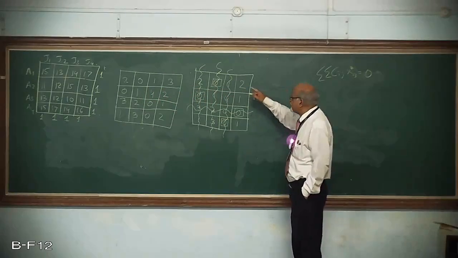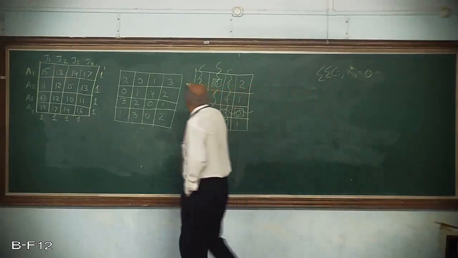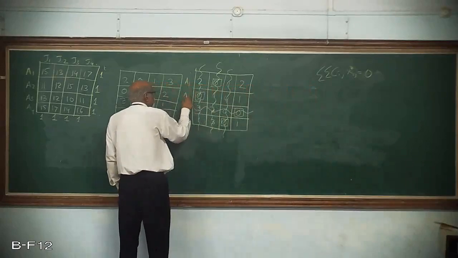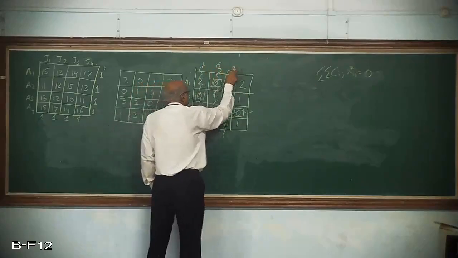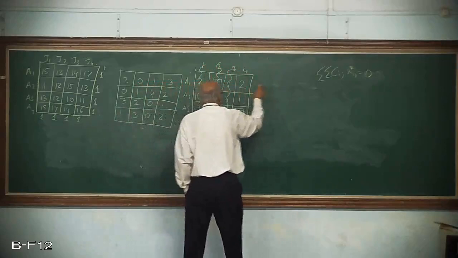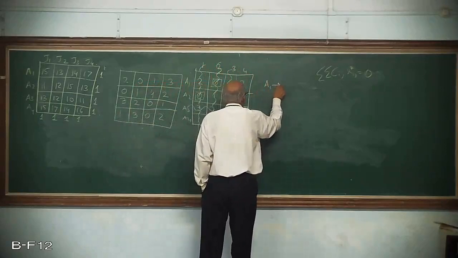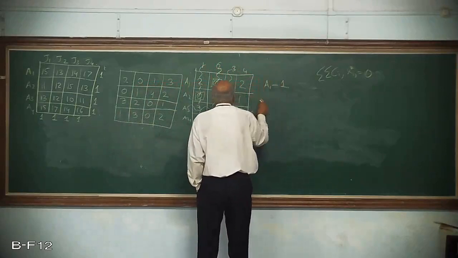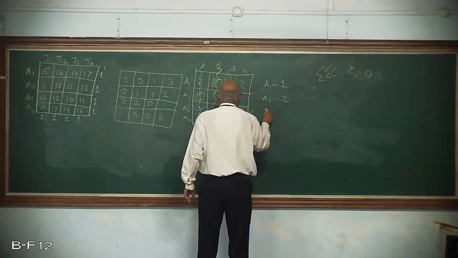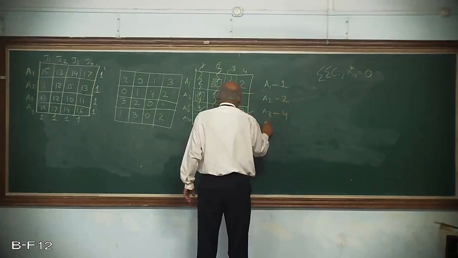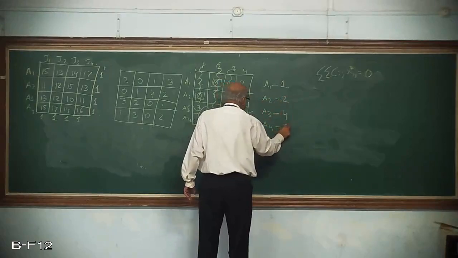Okay? That means how the assignment is made: A1, A2, A3, A4 and jobs 1, 2, 3, 4. A1 to 1, A2 to 2, A3 to the 4th job, and A4 is to be assigned the 3rd job.